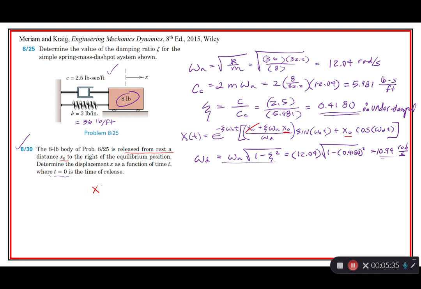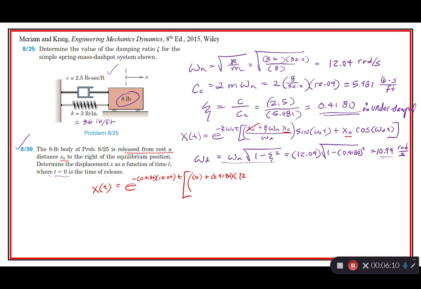So we'll write out x of t. It's going to be e to the minus 0.4180 times omega n, times t. Make sure you use the right omegas. Then in the initial conditions we have 0 here, plus 0.4180 times, once again, omega n, 12.04.